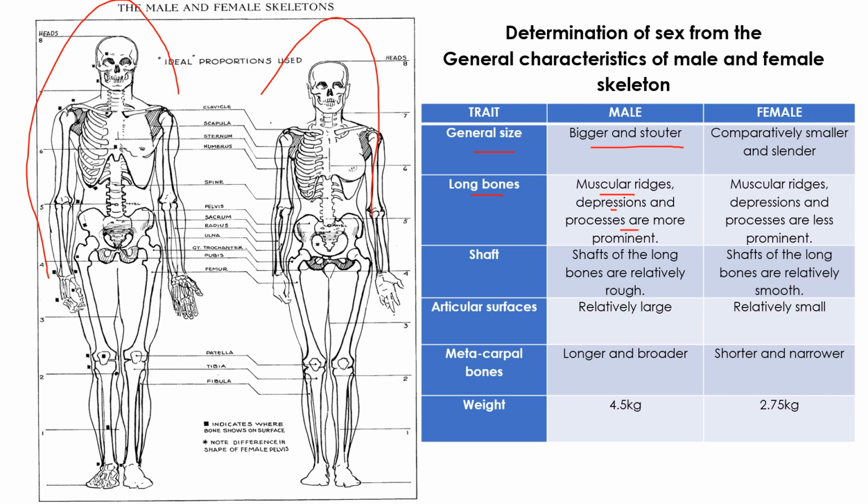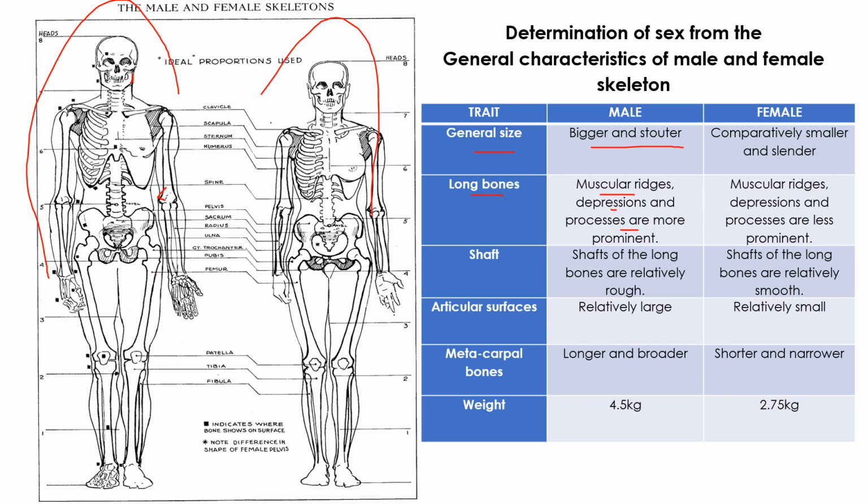Wherever there are processes or projections, as in the mandible, the styloid process, the mastoid process, or any other bones protruding outside, they are more robust in males, and less robust with fewer depressions in females. Coming to the shaft of long bones, they are relatively rough.